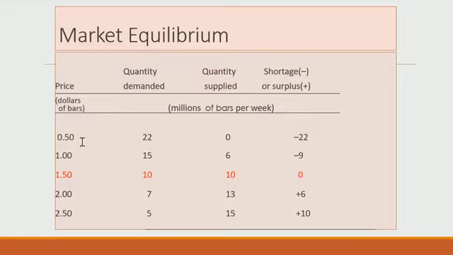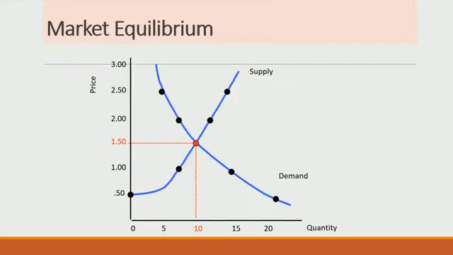When price was $1.1, quantity demanded was 15 million and quantity supplied was 6 million. So there is a discrepancy between quantity demanded and quantity supplied. So there is a shortage of 9 million, that means a shortage of 9 million power bars in the market.